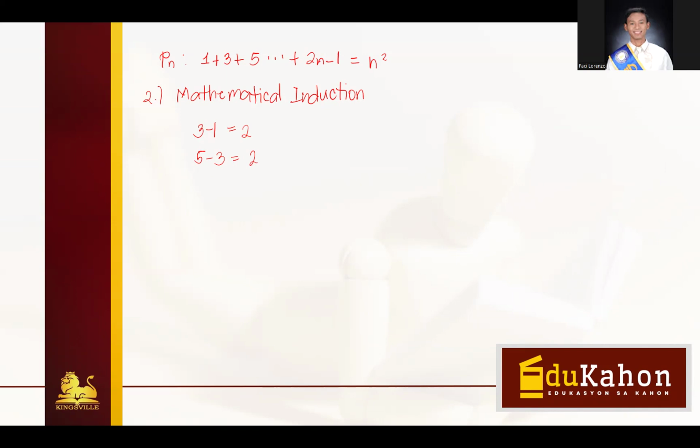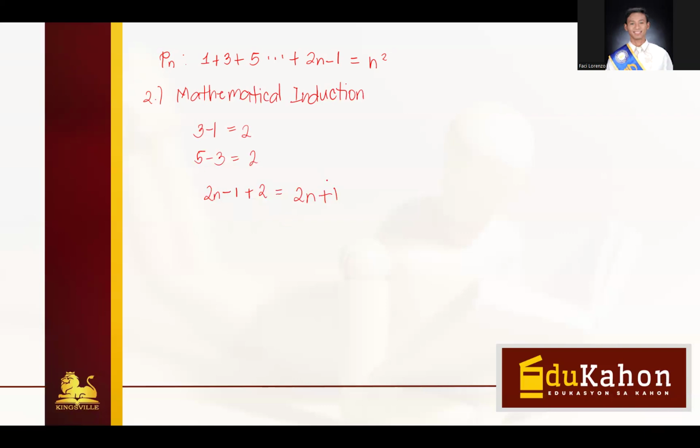So if you try to add 2 to 2n minus 1, since this is your last term, the sequence will continue to have another value. So 2n minus 1 plus 2 is just 2n plus 1 because negative 1 plus 2 is positive 1.